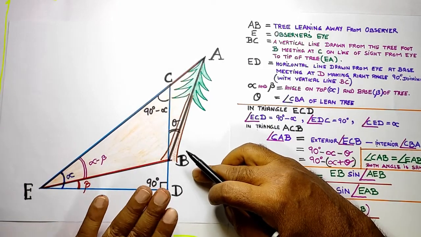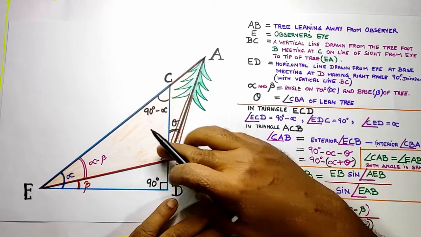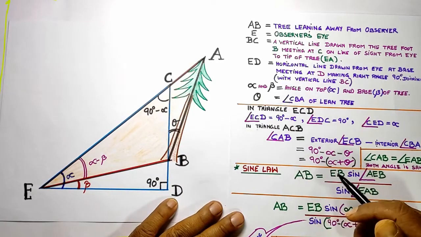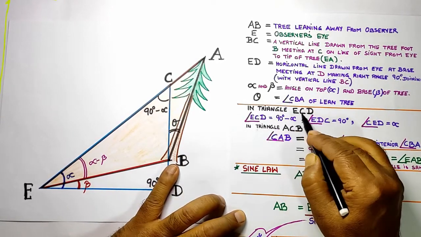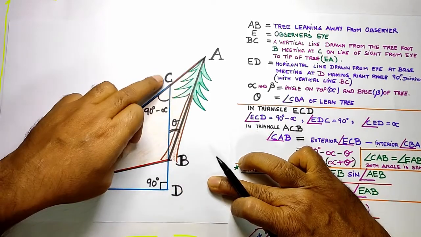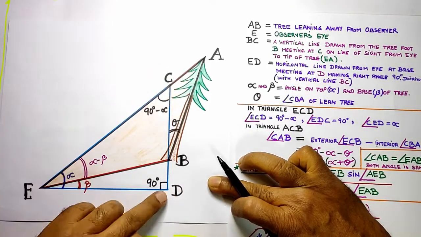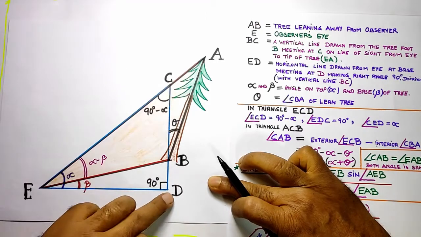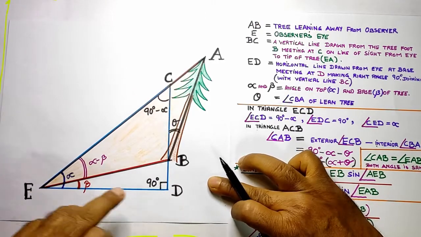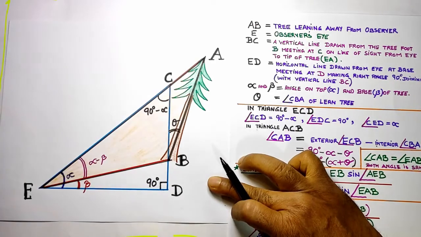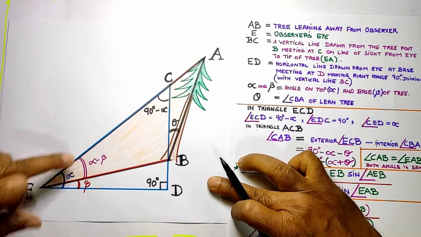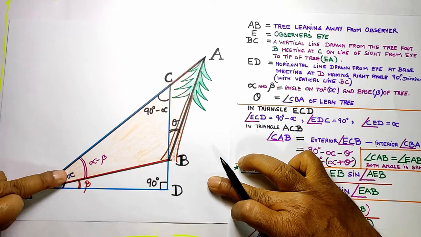Now first of all, before we go to the sine law, we have to take out the exterior and interior angles. So let's come to the triangle ECD. In this triangle we have made a 90 degree angle here. So if this is 90 degree, this angle at E will be 90 minus alpha, because the entire CED is alpha.